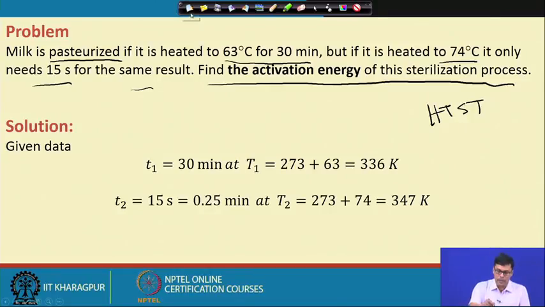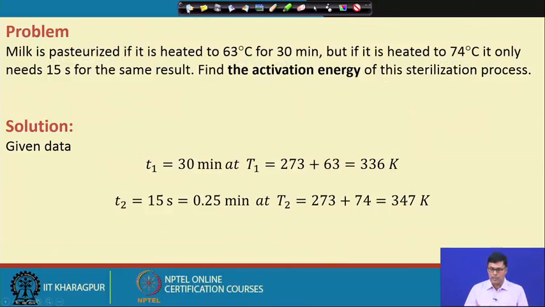Now, what I want to discuss here is how we can find out the activation energy. What is the activation energy? The energy required to have this reaction. To solve this problem, if you look at the rate of reaction, this is dCA by dt equal to k into CA.